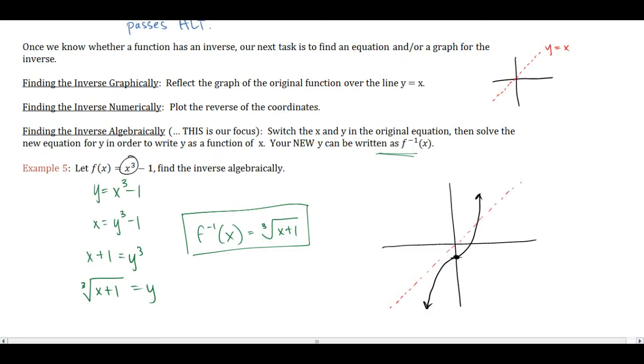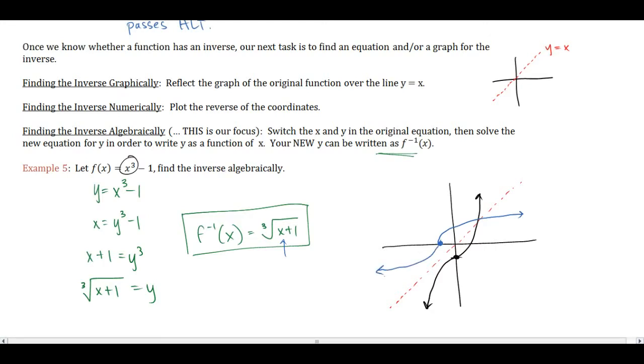Reflect it over that line, right? So the way it would reflect over that line is exactly what this graph is. I'm going to cheat. This is a cube root graph, and it is shifted left 1 unit, and then it's a shooting star graph that has a tail.